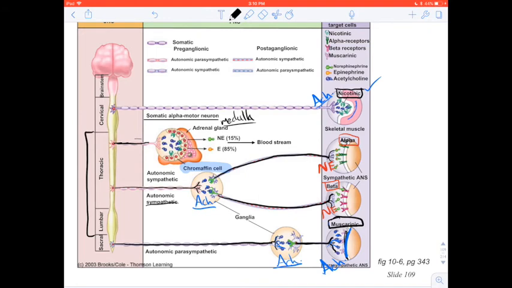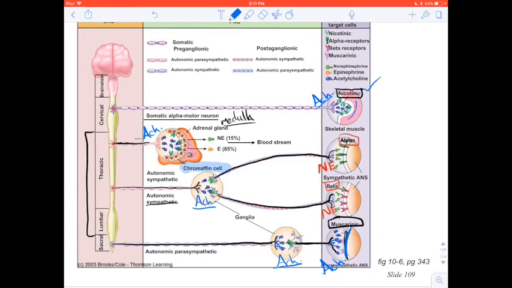And then these chromaffin cells, so again, this preganglionic, we can think of it as a preganglionic sympathetic neuron, is still going to release acetylcholine because it's preganglionic by nature. But instead of it binding a postganglionic neuron, that acetylcholine is going to bind these chromaffin cells.